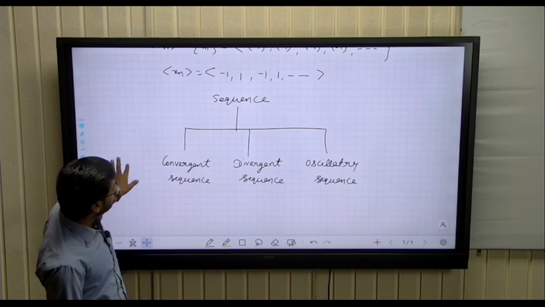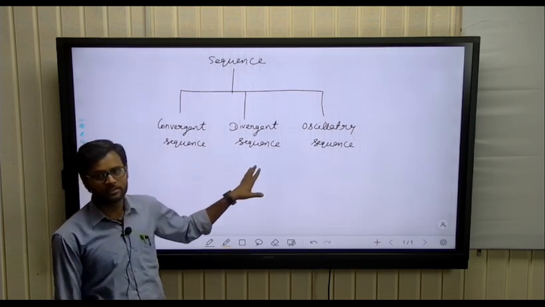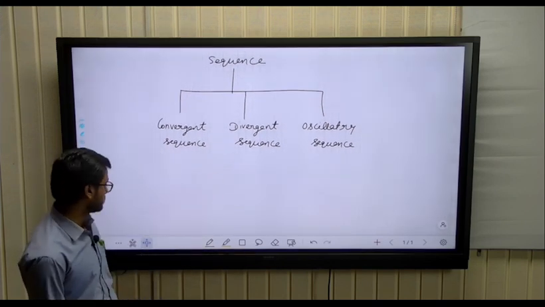So there are 3 types of sequence: convergent sequence, divergent sequence and oscillatory sequence.